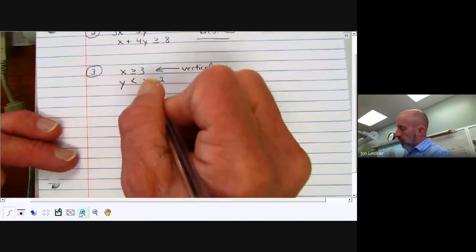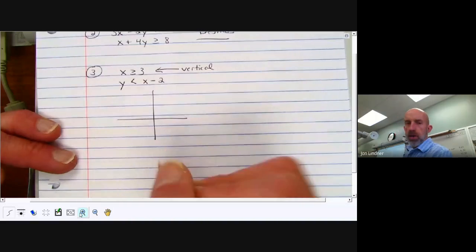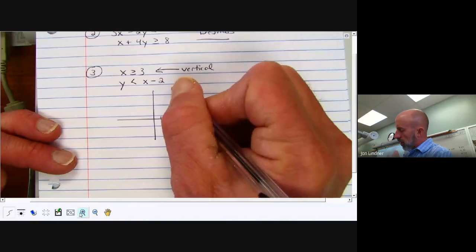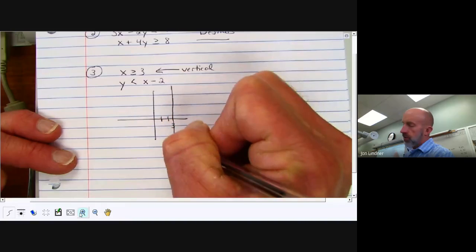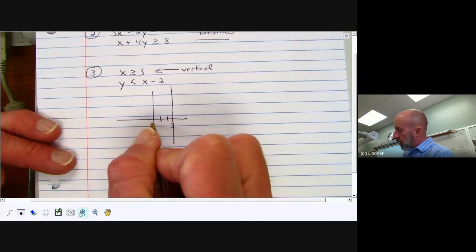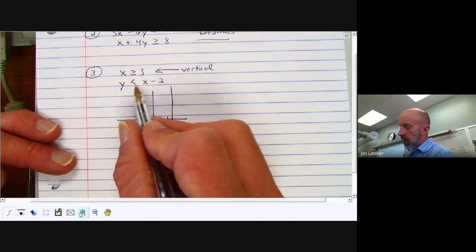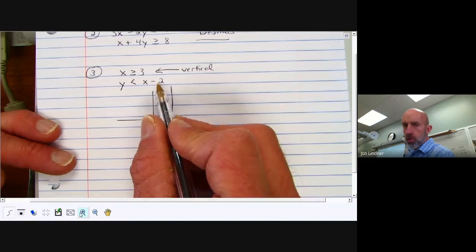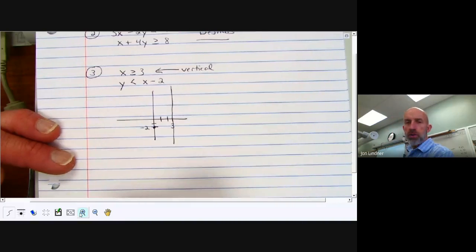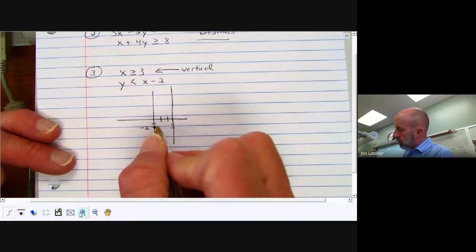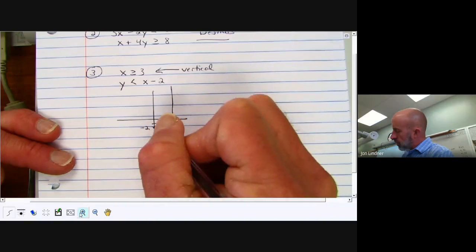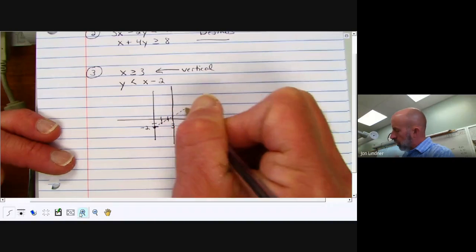So what do we have here? We have a vertical line through 3. It's a solid line since it's greater than or equal to. And then I have a regular line with a slope and an intercept. Y-intercept is -2. Put a dot down here at -2. And my slope is +1, up 1 over 1, up 1 over 1. This one is a dashed line.